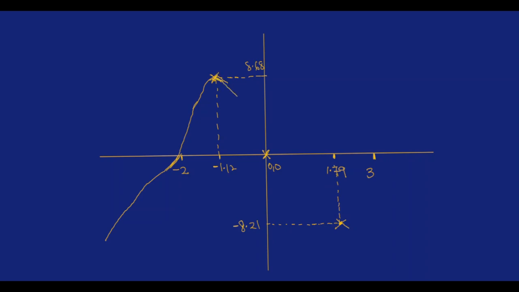The function is positive. Then it crosses, sorry, my curve is not so good. It touches the y-intercept and the second x-intercept there.